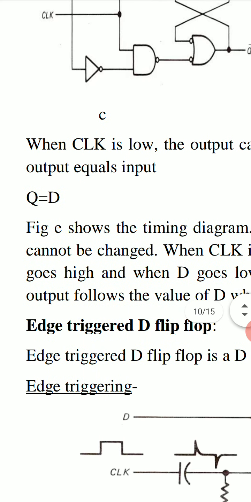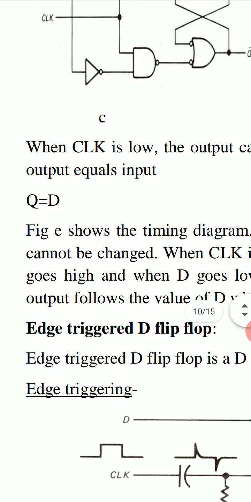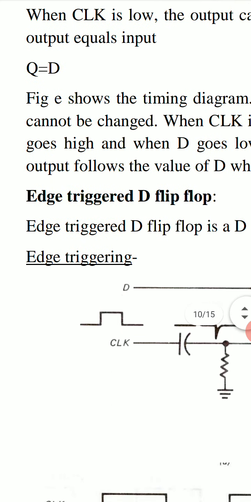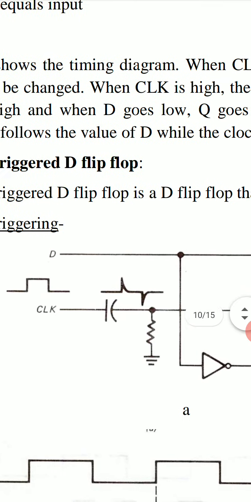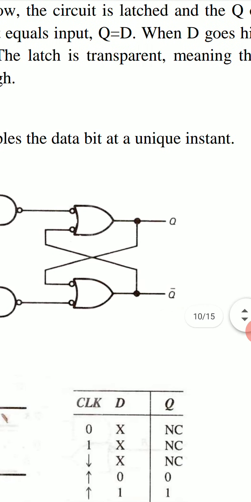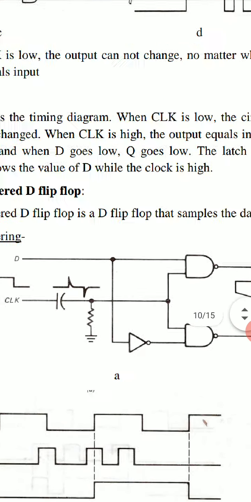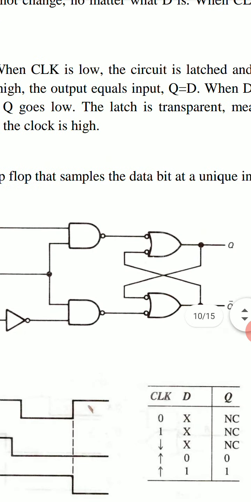So for the complete half cycle of the clock signal where clock is high, output can be equal to the input D. In edge triggered D flip-flop, it samples the data bit at a unique instant.